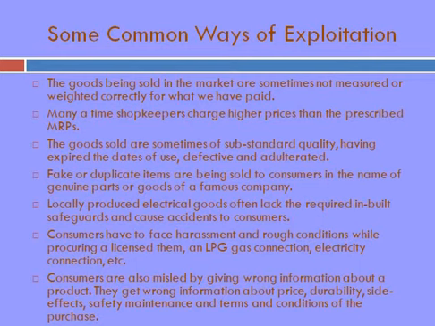Fake or duplicated items are being sold to consumers in the name of genuine parts or goods of a famous company. Locally produced electrical goods often lack the required inbuilt safeguards and cause accidents to consumers.